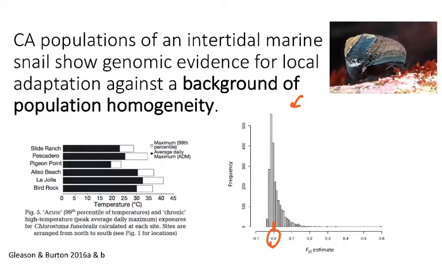So overall, these populations are very similar, but remember we have those few outliers that are way out here on the FST distribution, and those are the ones that show genetic differences that are in fact in loci related to temperature functions. And so those are the genes that are showing this local adaptation. So that's what I mean where we have genetic evidence for local adaptation against this background of population homogeneity.